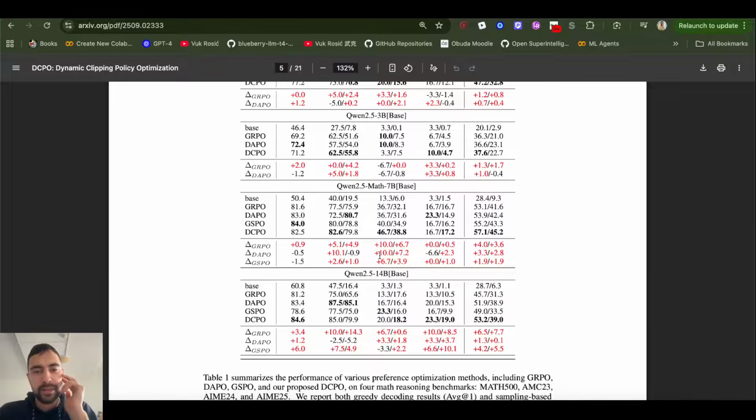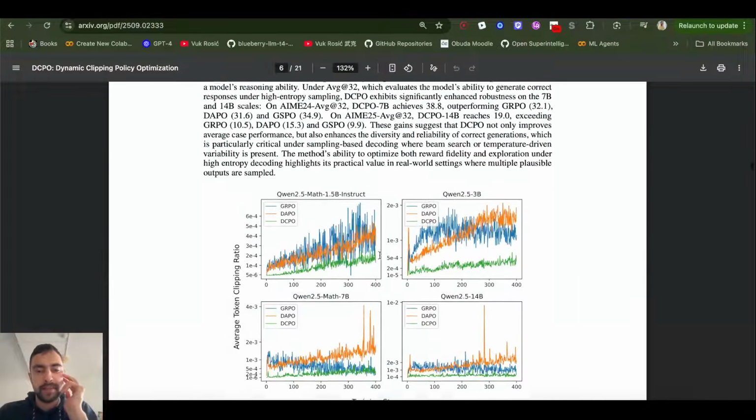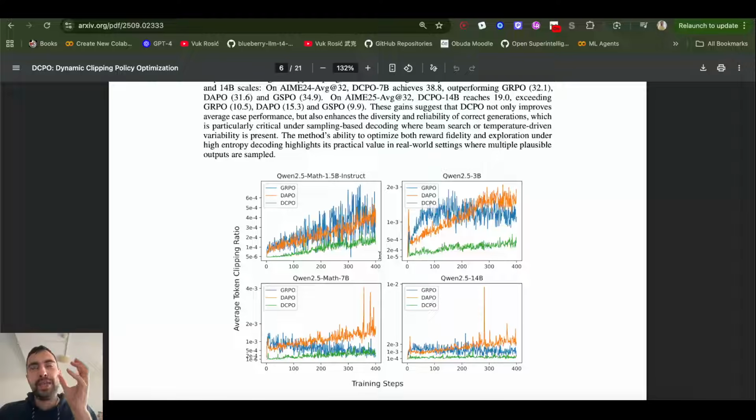The second problem DCPO solves is update clipping. So check this out. When we are rewarding the model, what that means is we are changing probabilities of the tokens so that correct tokens have a higher probability of appearing next time, the answers that were correct.